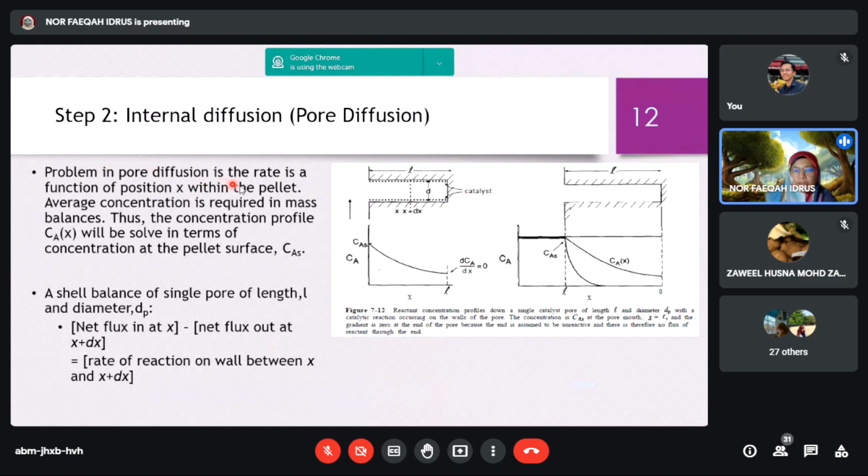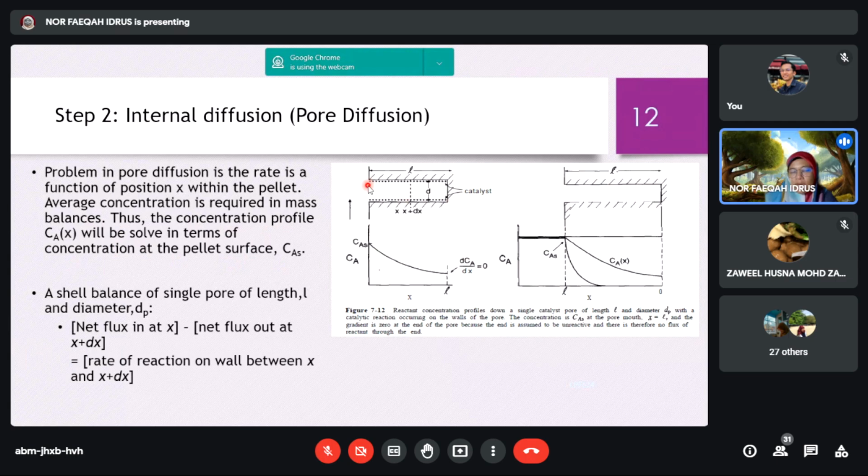Okay, the problem in pore diffusion is the rate is a function of position x within the pellet. So position ni we say it as x lah, position x within the pellet. So average concentration is required in mass balance. Thus the concentration profile will be solved in terms of concentration at the pellet surface.